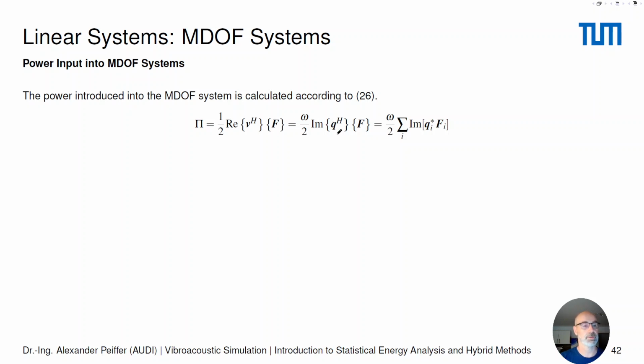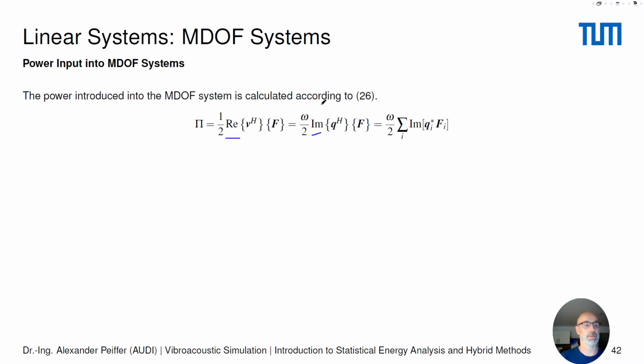If we would like to use the displacement, we have to use the j omega factor, but that means that we are no longer using the real part. Then we have to use the imaginary part of the displacement, and there will be an omega factored out together with the half factor.